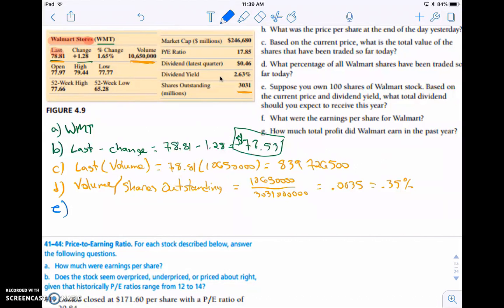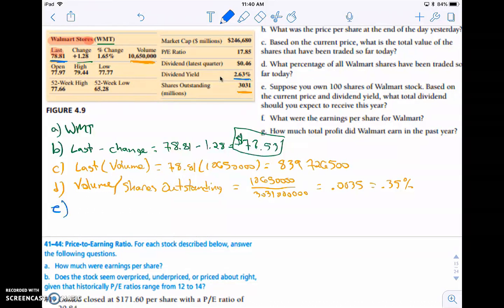Okay, next, part E. Suppose you own 100 shares of Walmart stock. Based on the current price and the dividend yield, so again, current price is last over here, and here's our dividend yield. What total dividend should you expect to receive this year? Dividends are just the money that you were paid out on your stocks.